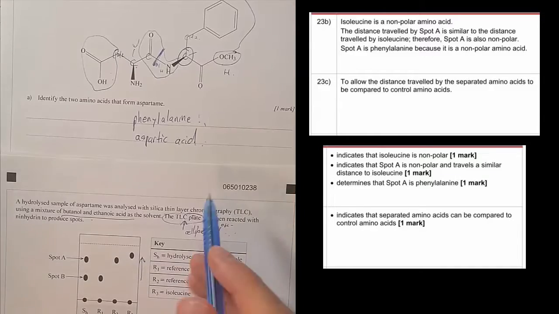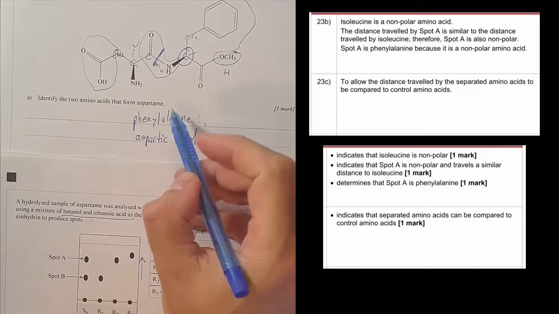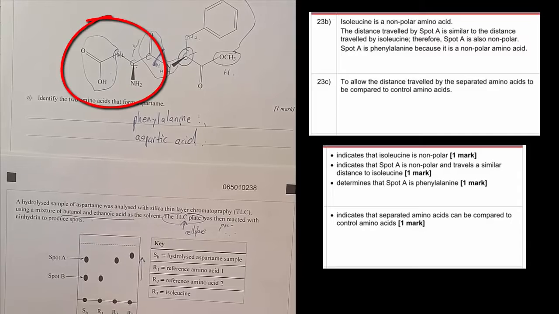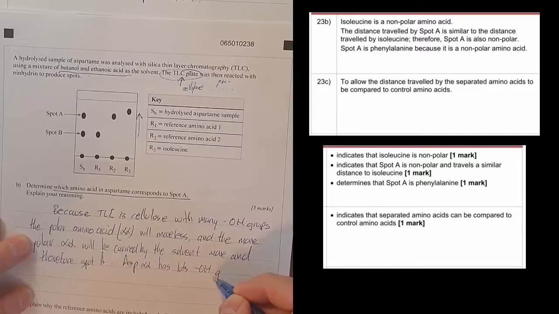Now, as we can see here, aspartic acid, now I'm just going to use the ASP amino acid, has lots of OH groups.